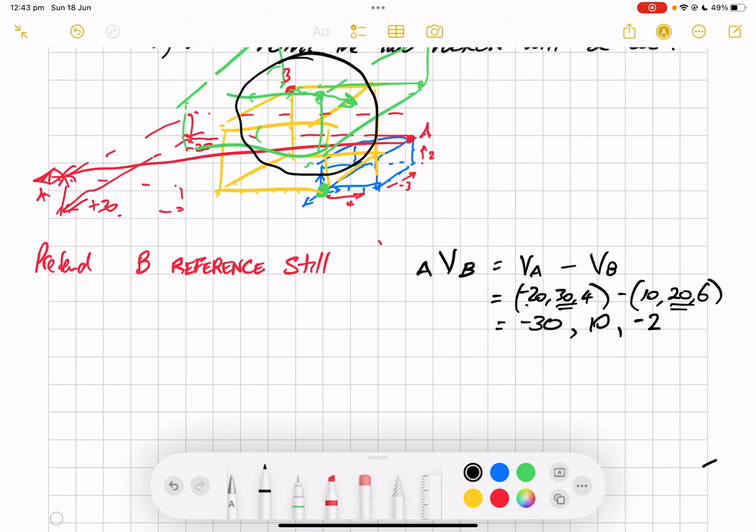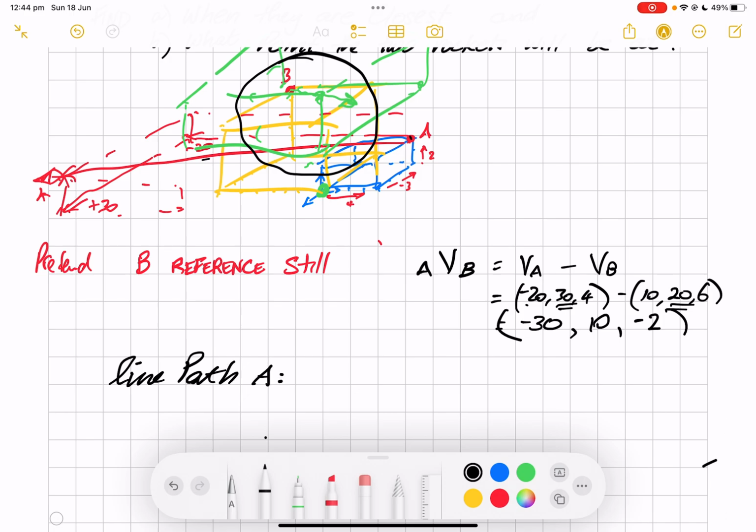Now what we're going to do is leave B still and get the pathway from A in that direction of negative 30, 10, negative 2. And we're going to come up with this reference for, let's say, the line path that A will take.